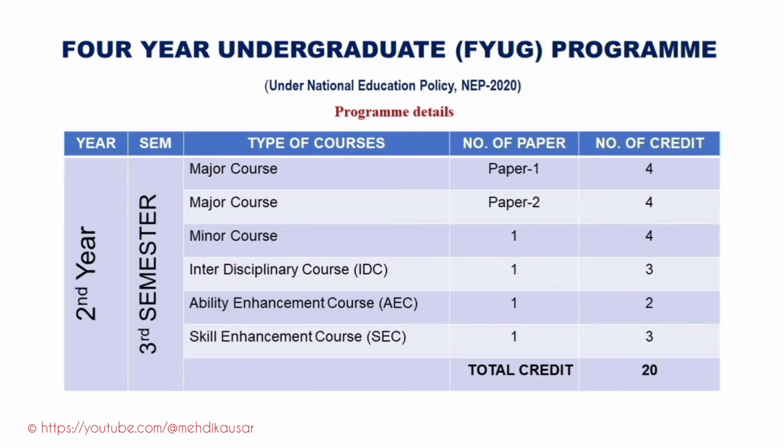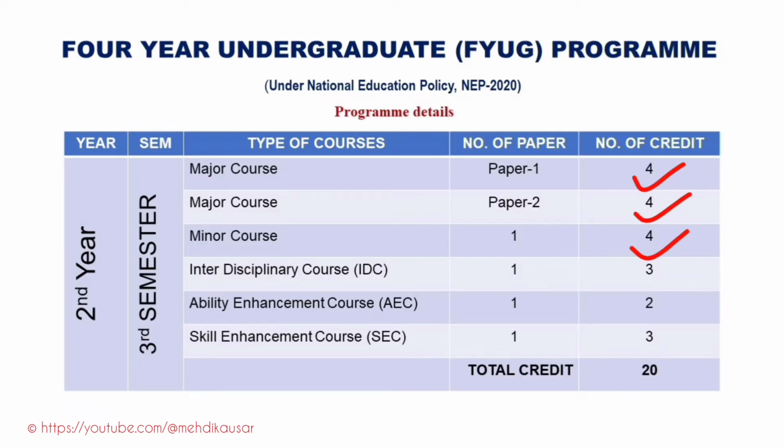In third semester of second year, you have to study a total of 6 papers. 2 papers from major course, that is paper 1 and paper 2, 1 paper from minor course, 1 paper from interdisciplinary course, ability enhancement course, and skill enhancement course. Here, there will be no value-added course from third semester onwards.